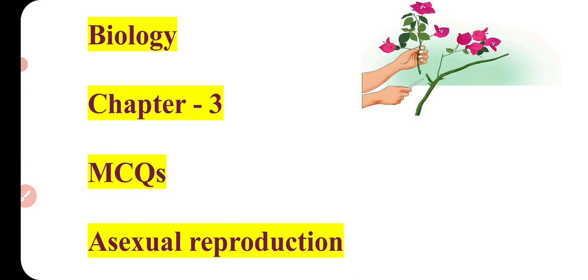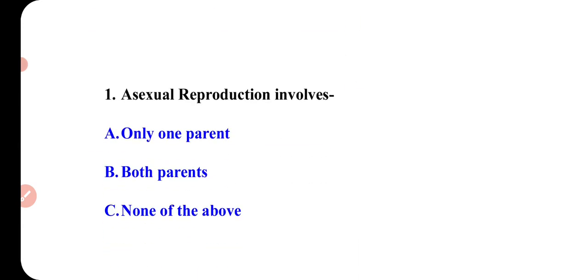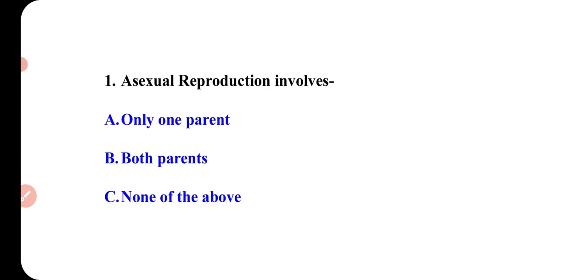So let's see. The first question is: asexual reproduction involves... How many parents are involved in asexual reproduction? The first option says only one parent, the B option says both parents, and the C option says none of the above.